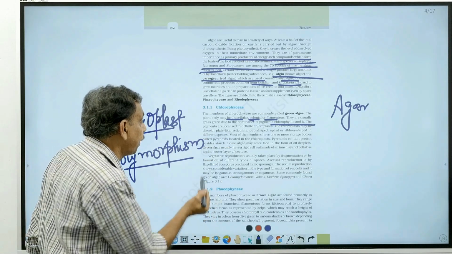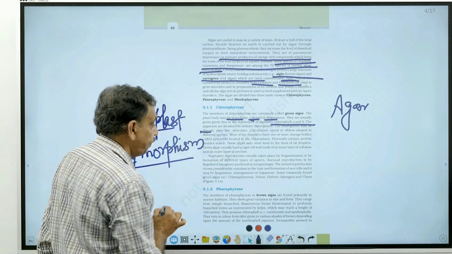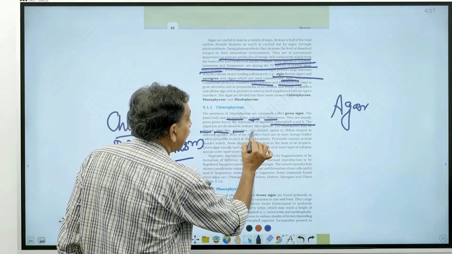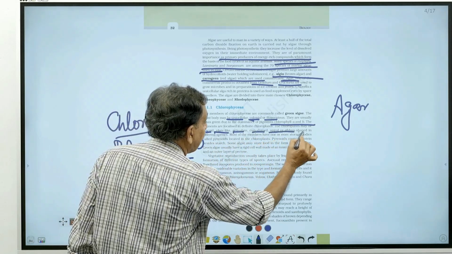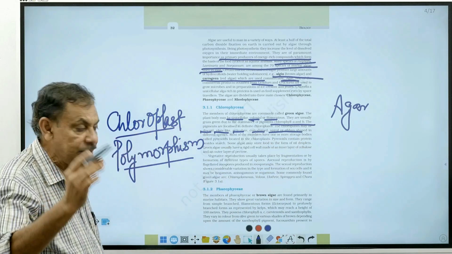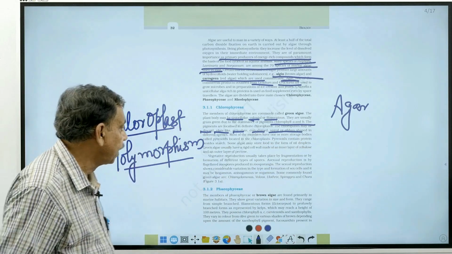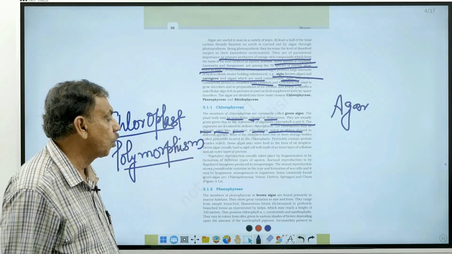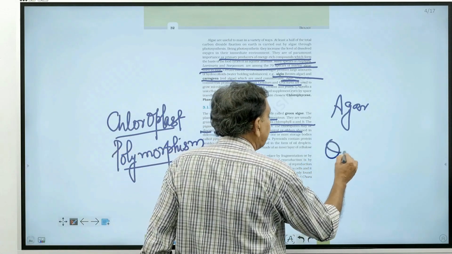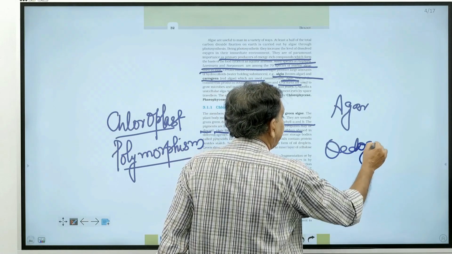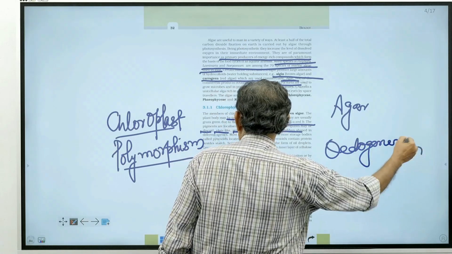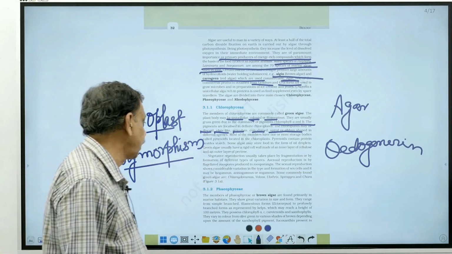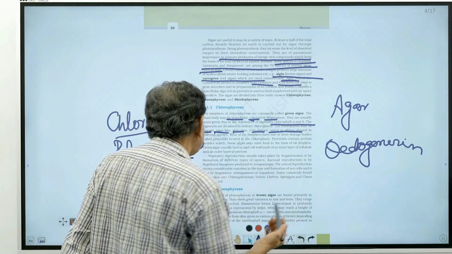What are the shapes? Discoid, plate-like, reticulate, cup-shaped, spiral or ribbon shape. Spiral or ribbon shaped in Spirogyra, cup-shaped in Chlamydomonas, reticulate in Oedogonium, plate-like in Ulothrix, discoid in Cladophora.